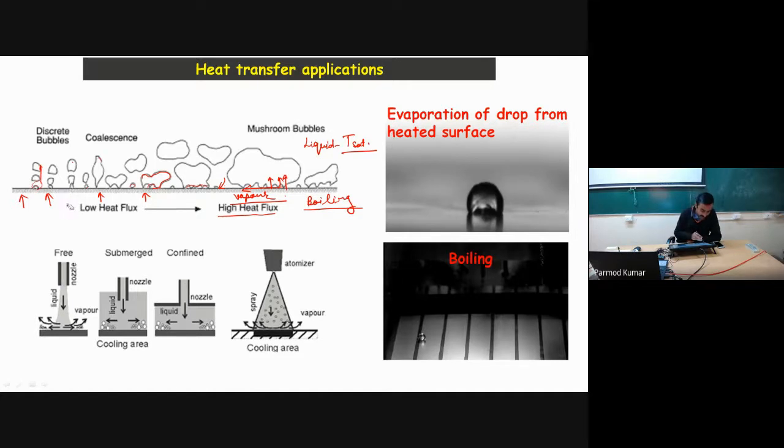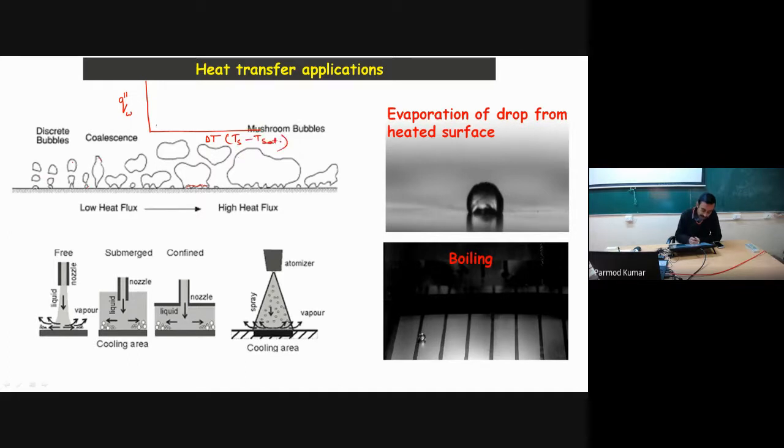Now different types of surfaces have important considerations in boiling heat transfer. Most popularly, in our undergraduate course of heat transfer, we study a famous curve given by Nukiyama, called the boiling curve, which is between the wall heat flux and delta T, where delta T is T surface minus T saturation.